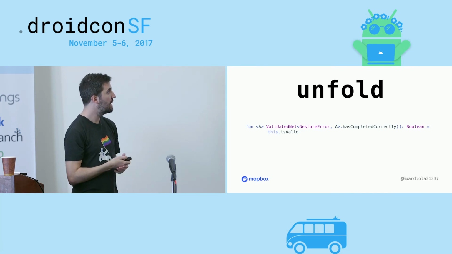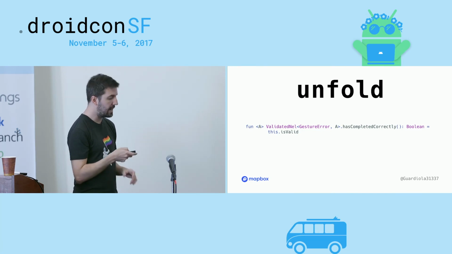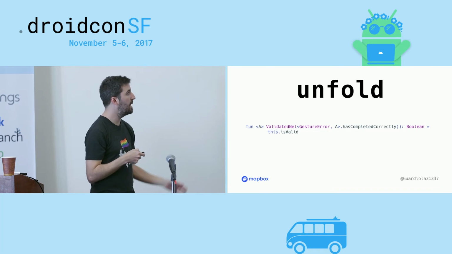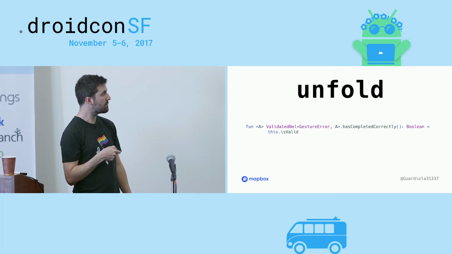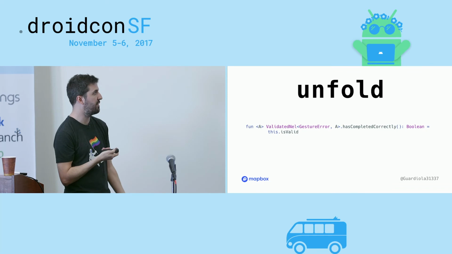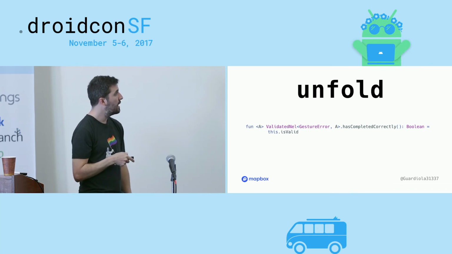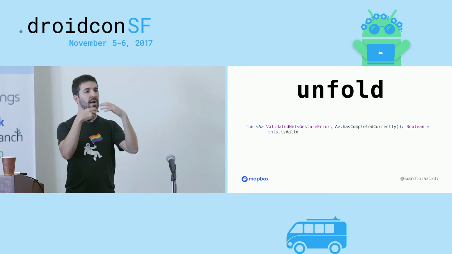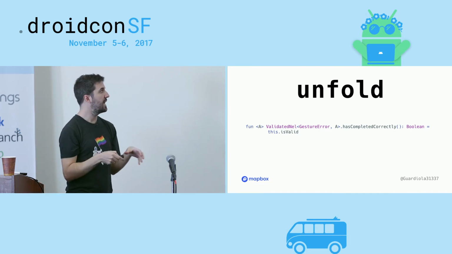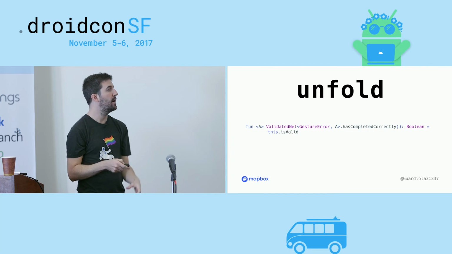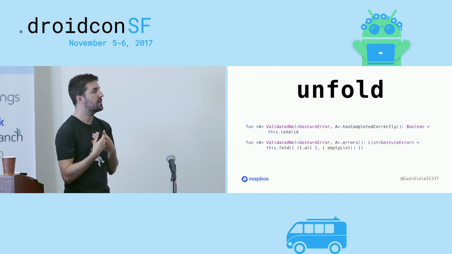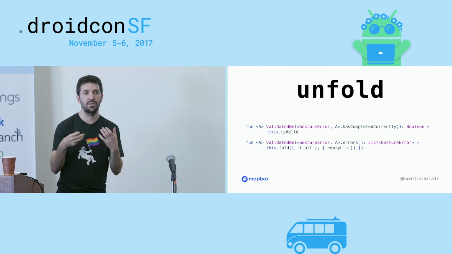In this case I created an API called has completed correctly, and we are doing this using an extension function from Kotlin. So what I'm trying to say is that when you have your whole DSL, then you can add syntactic sugar and create APIs that could be useful for your users.